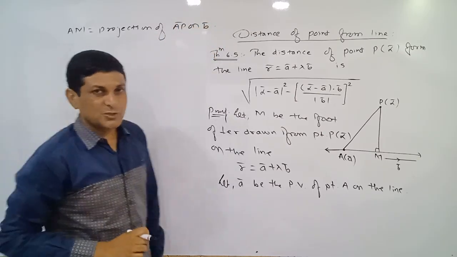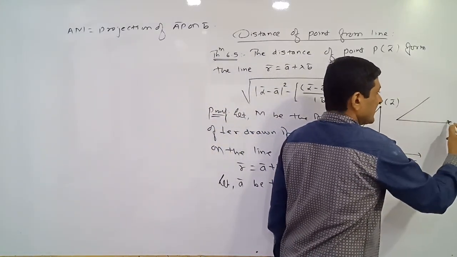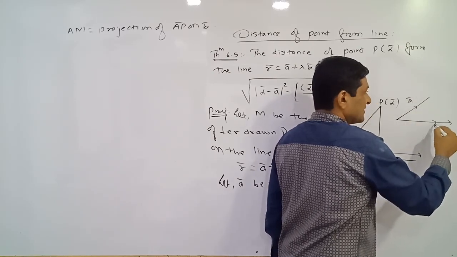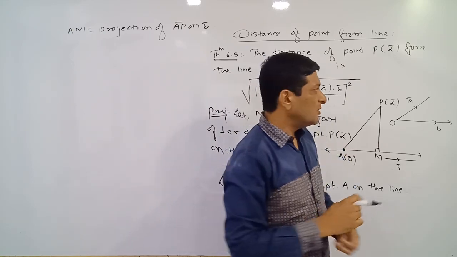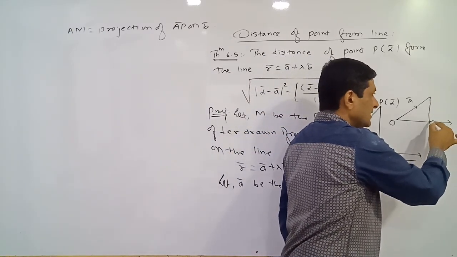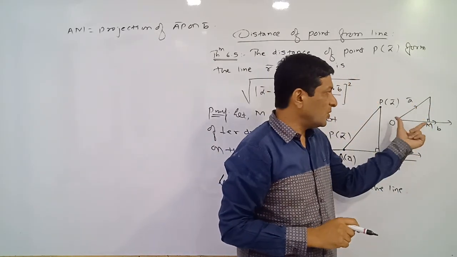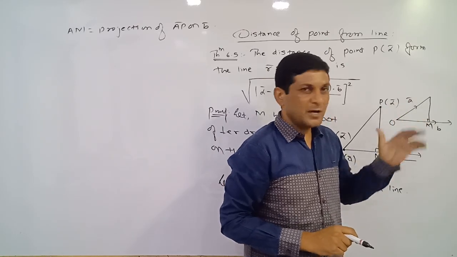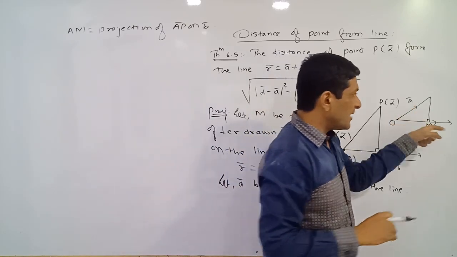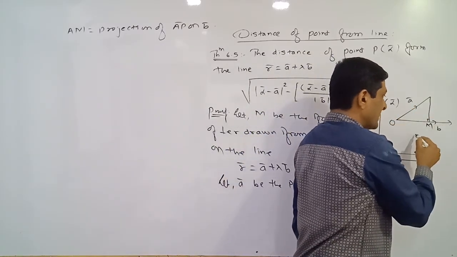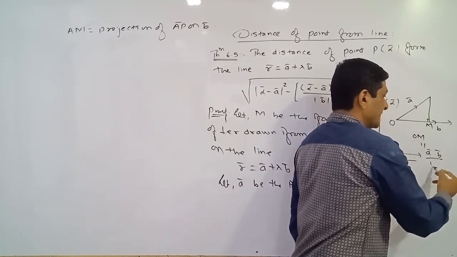Again, let us revise the definition of projection. Suppose this is vector a bar and this is vector b bar, and let their initial point be O. From the point A, if a perpendicular is drawn on vector b bar and the foot of the perpendicular is M, then OM is called the projection of a bar on b bar. We have already studied all these results in the dot product. So the projection of a bar on b bar, that is OM, can be found by the formula a bar dot b bar upon magnitude of b bar.